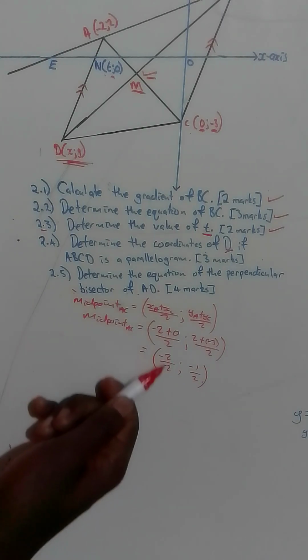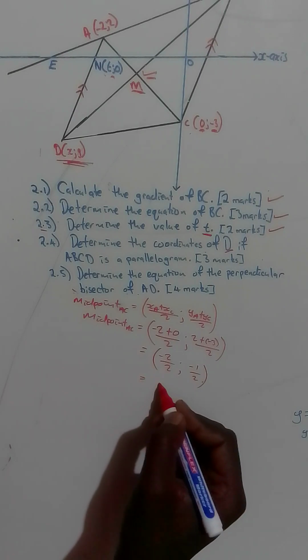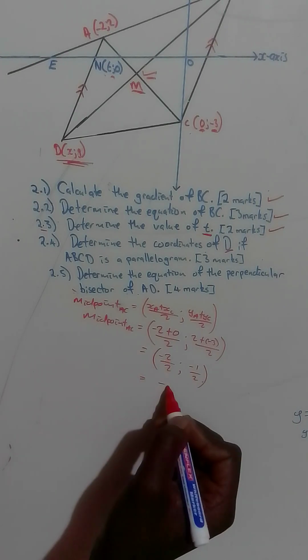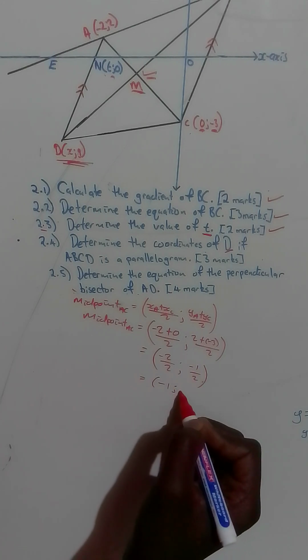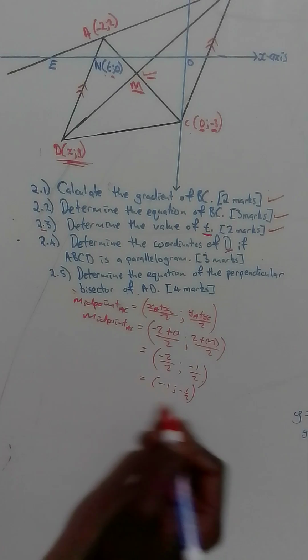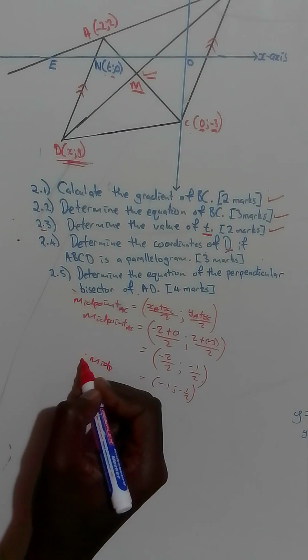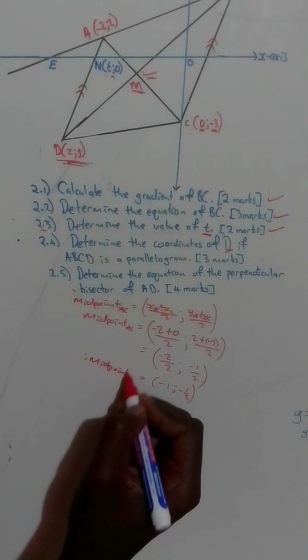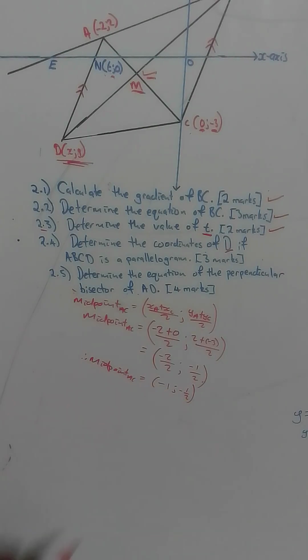Now this positive divided by negative, it's a negative, so now we've got a -2 divided by 2, that's 1, so we've got a -1, and this one, it doesn't need anything else, it's now a -half. So we have found that the coordinates of midpoint AC are these. X is -1, Y is -half. But we are not yet done.